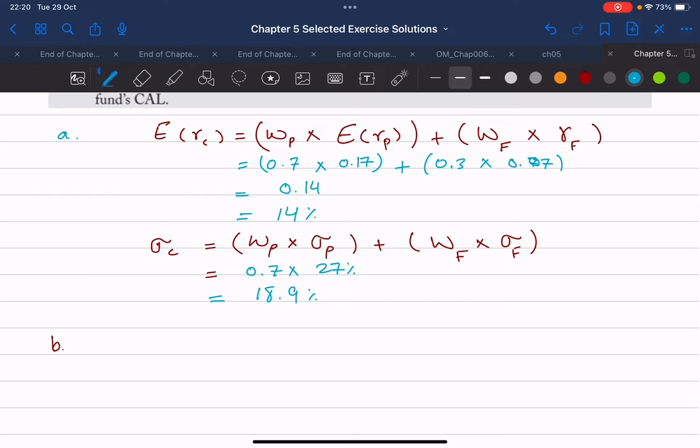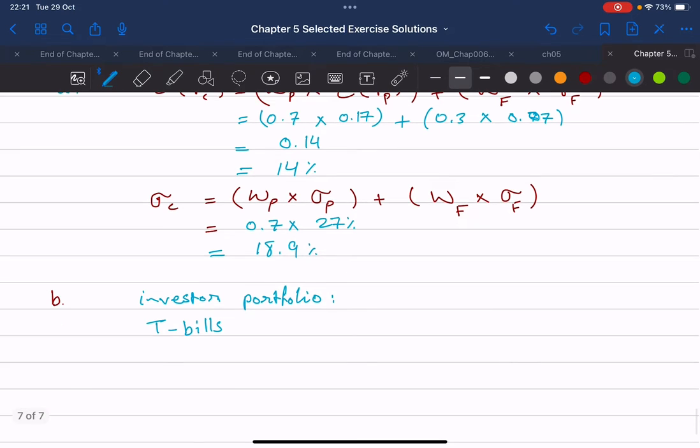The investor's portfolio, okay, here I'm going to write investor portfolio, is going to contain T-bills, okay, and it's going to contain stock A, stock B, and stock C. Okay.